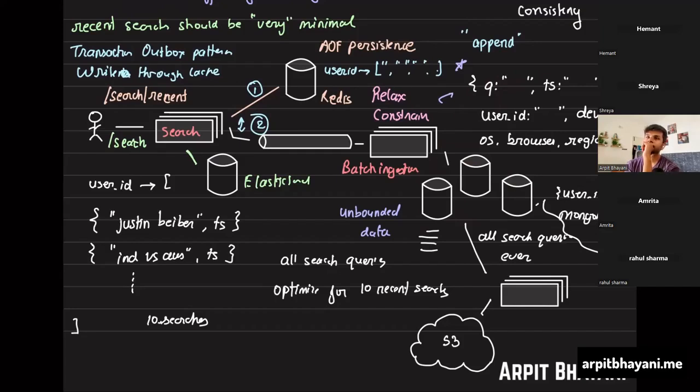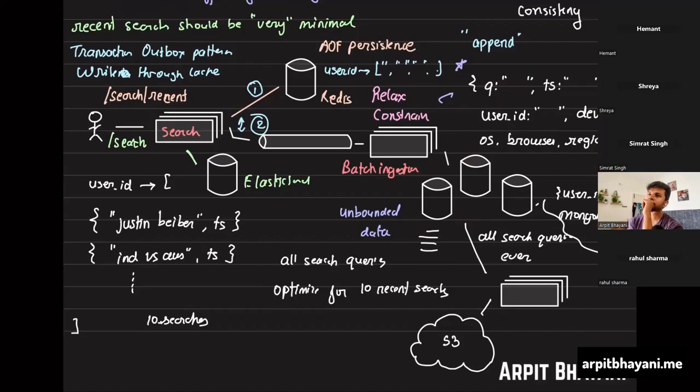Whenever the user fetches recent searches for the first time, we will write a query: select star from the table where user ID is this and recent is true, and then sort by some order.